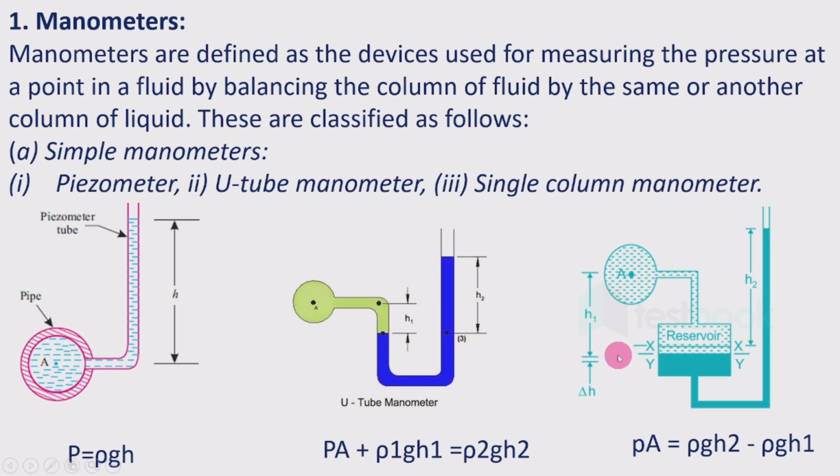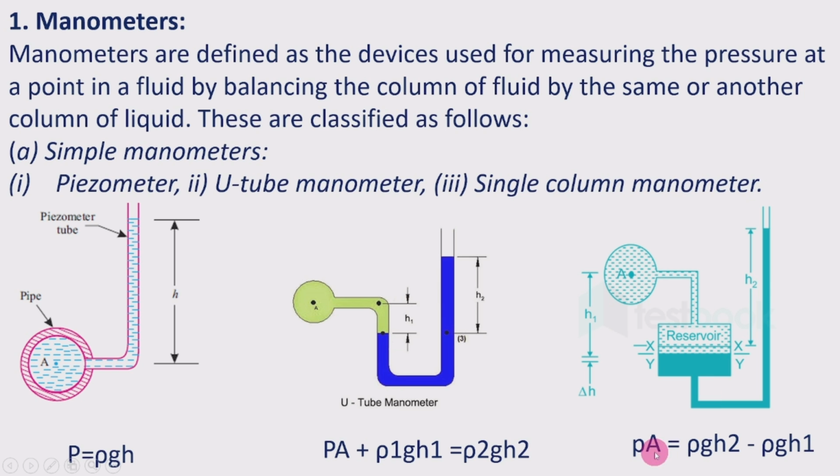But here we take XX as the datum line, because we neglect this very small decrease in level, owing to the higher area of the reservoir compared to the tube area. The levels h1 and h2 are taken from the datum line XX.